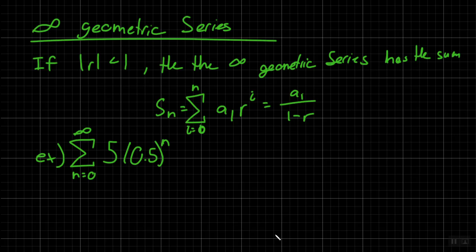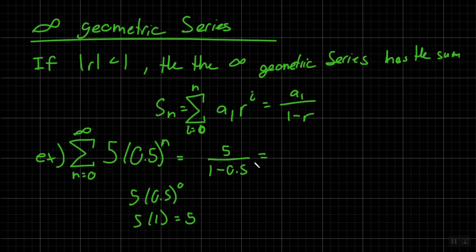Anything raised to the 0 power is what? 1. So we have 5 and 1, so this equals 5. That's my first term, over 1 minus my rate, which is 0.5. This should equal 10.